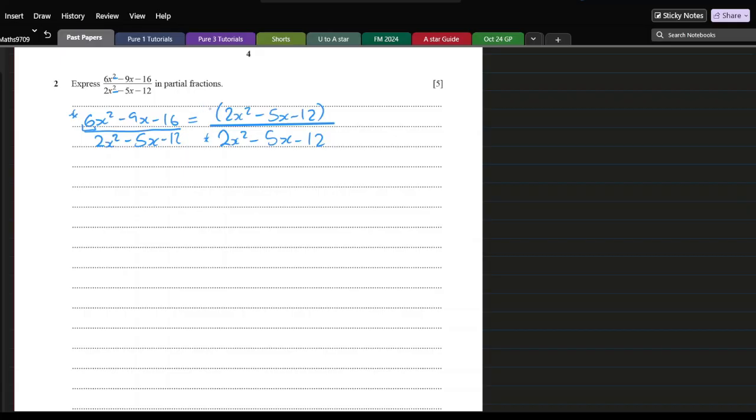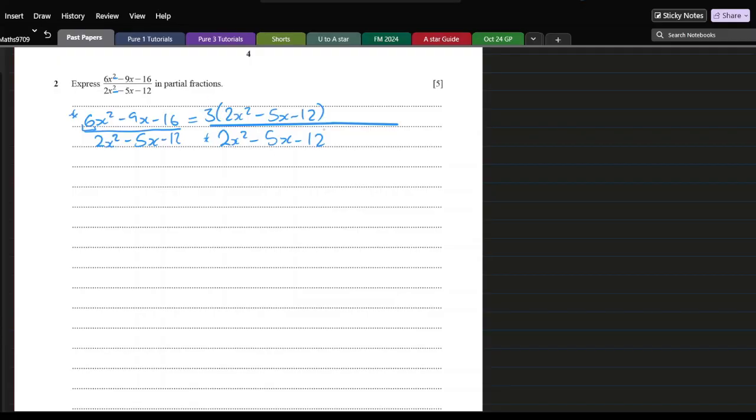So if we multiply by 3 here, when we expand, 3 times 2x squared does in fact give us 6x squared. So that's the first step. But notice how this 3 then affects all the other terms, because 3 times negative 5x gives us negative 15x, which is not equal to what we have here, and 3 times negative 12 does not give us negative 16.